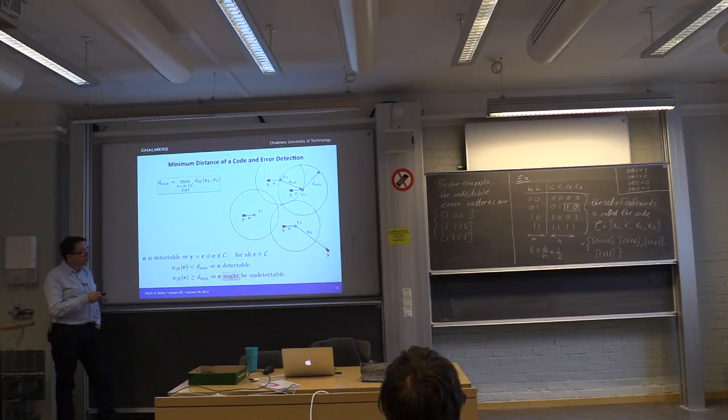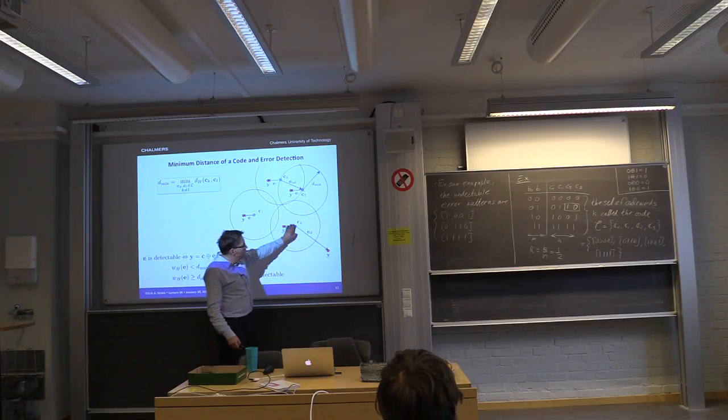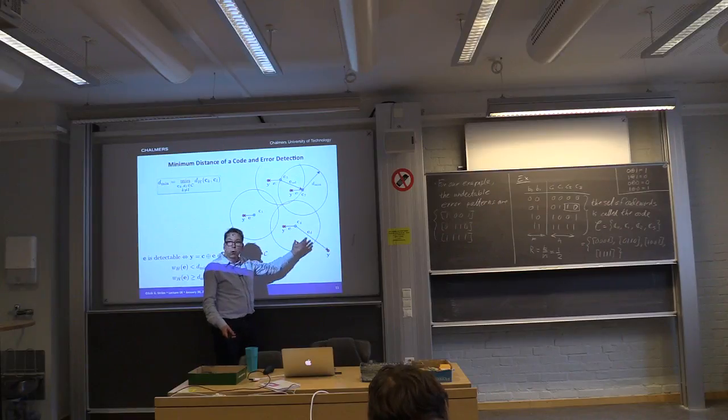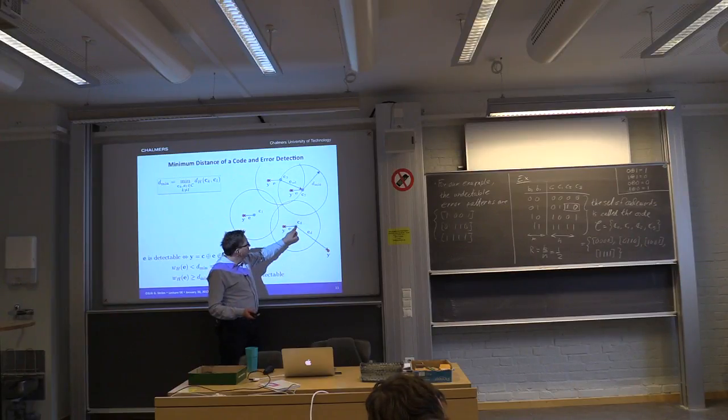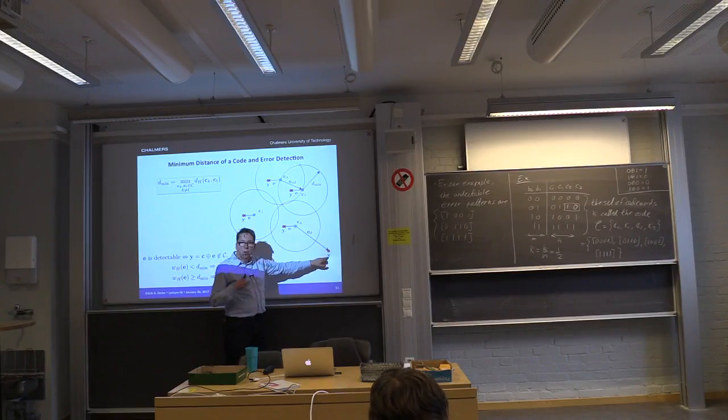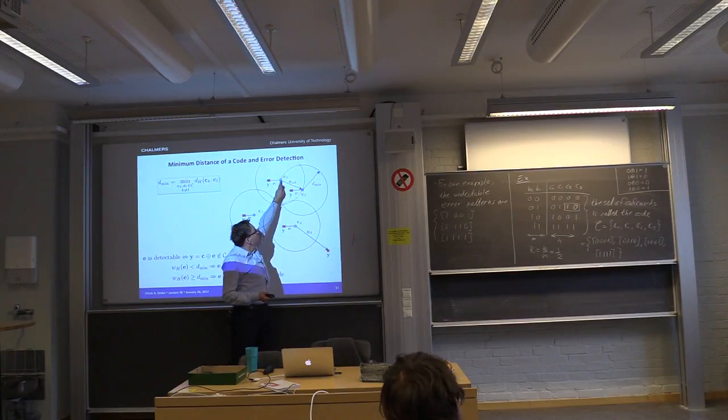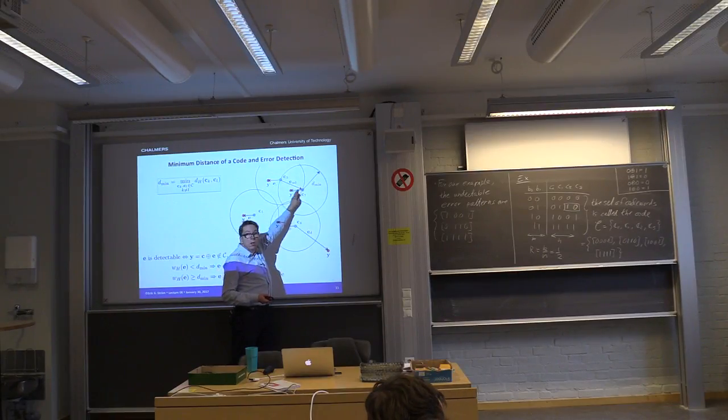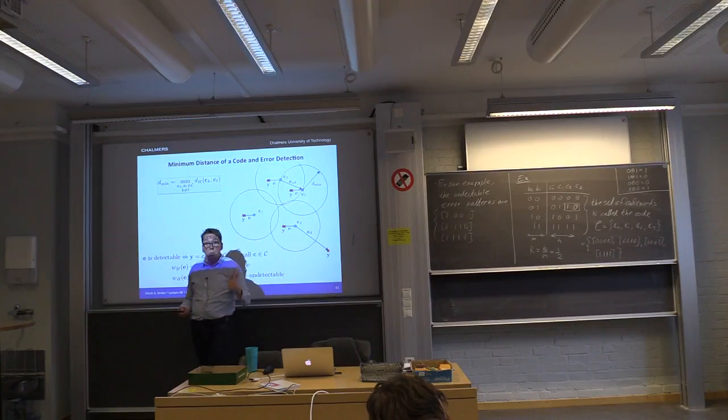Now this error pattern, however, is longer than the minimum distance, but it's pointing in the wrong direction, or right direction. It depends on how you look at it. But for sure, if we transmit C4 and we receive Y here, we would find that error, right? Because Y is not a code word. The only thing we have problems with is when we go from one code word to another code word, and these specific error patterns are the problematic ones then.